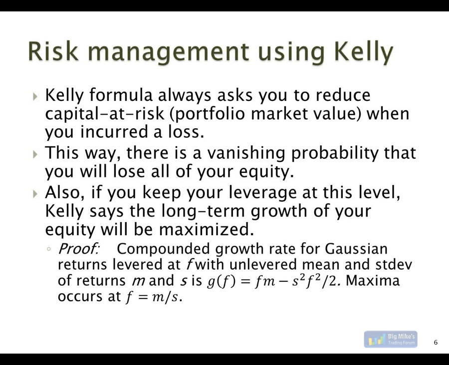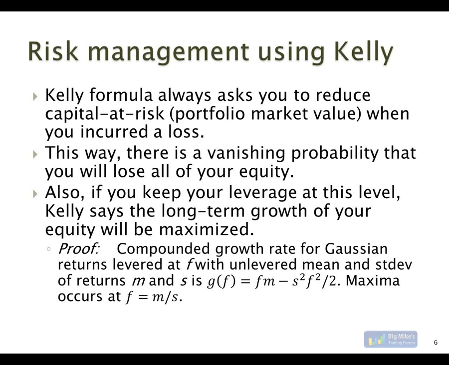If you assume a Gaussian distribution of returns, and these returns are levered at F, with an unlevered mean and standard deviation of M and S, the formula for the compounded growth rate of a portfolio is simply G equals the leverage F times M minus S squared F squared divided by 2. Trust me, this is the formula.